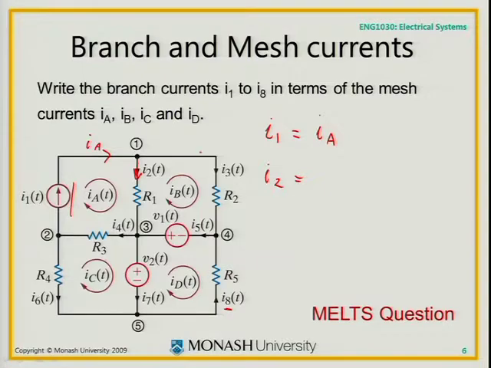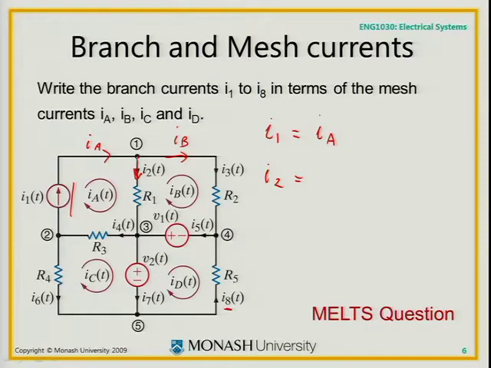Let's go back and see why. So IA is the current. I've got IA flowing around this mesh. That means that current there is IA. IB is flowing around this mesh, which means that current there is IB. So if you do Kirchhoff's current law at node 1 there, you can see that I2 must be IA minus IB.